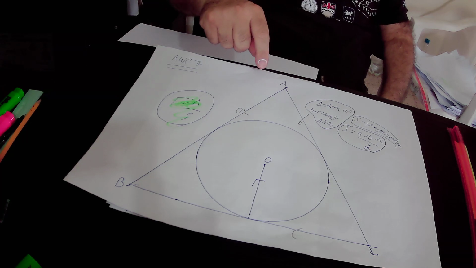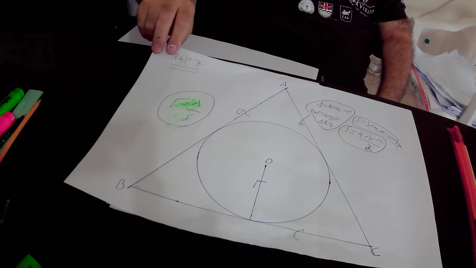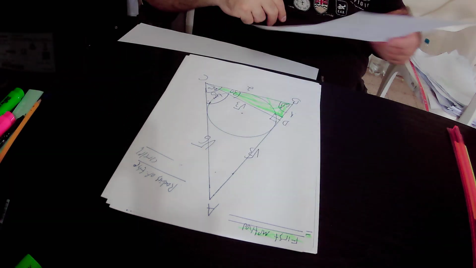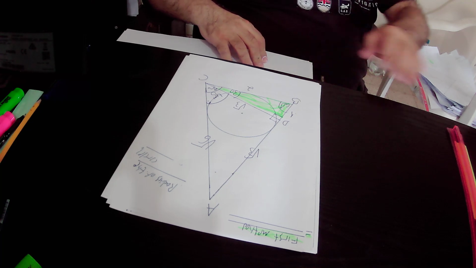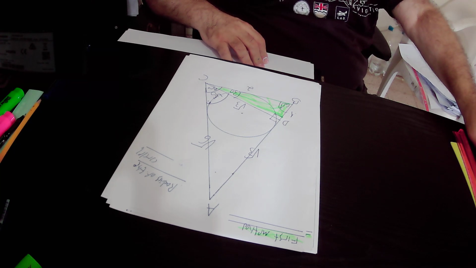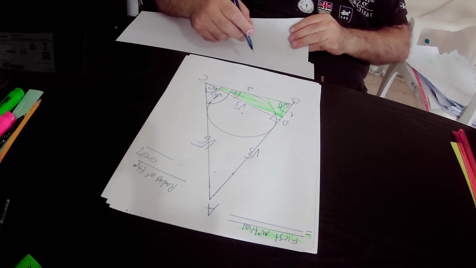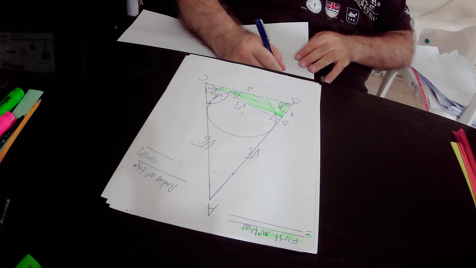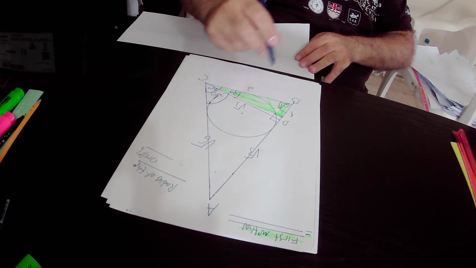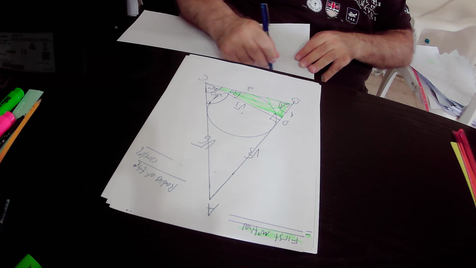In this case, the semi-perimeter is a plus b plus c over 2. So we'll implement the new formula in our triangle. Here we know that according to the new formula, the radius of this circle will be equal to the area of triangle ABC over the semi-perimeter of triangle ABC.